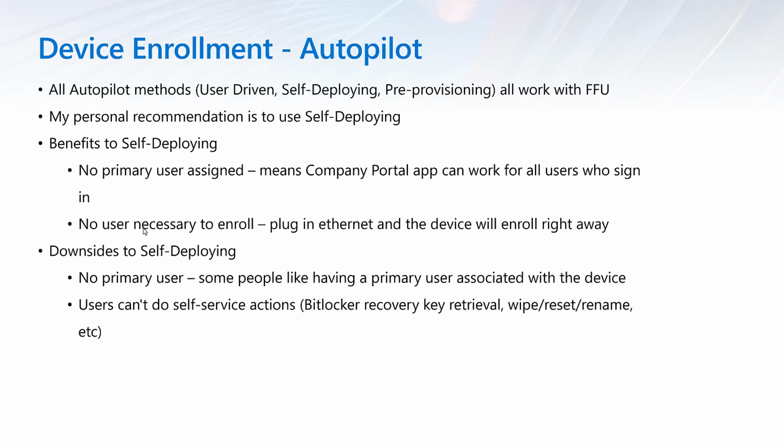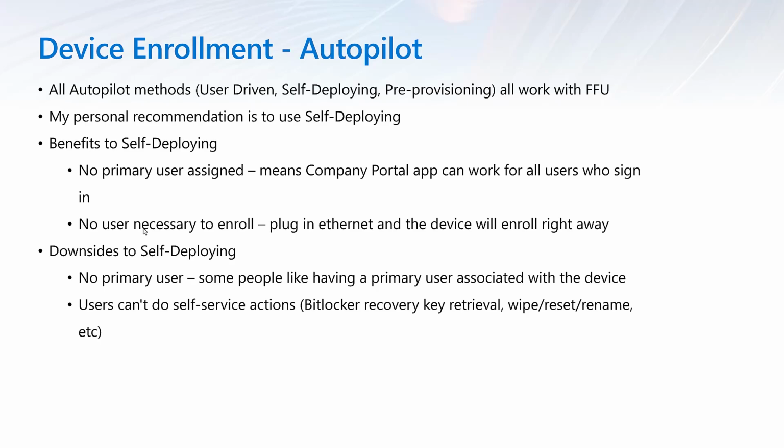Now the other downside of this is that users can't do self-service actions. So BitLocker recovery keys are very popular these days, and you can't recover these keys if you're using self-deploying. As a user, you can't go and retrieve your own key.